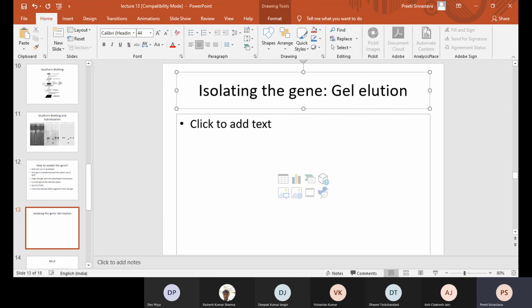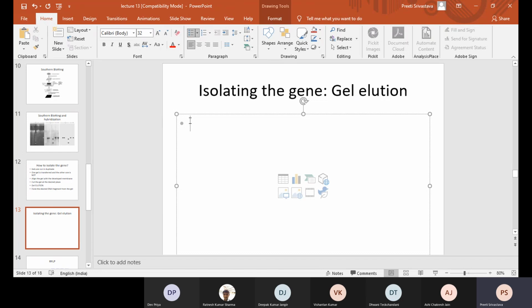By gel elution you will actually get the desired gene. It may contain 2 or 3 other fragments because it's a smear, and when you are cutting it, you may cut some bands from the top, some from the bottom, but still it will be quite a small number. So you now need to obtain the DNA fragment from the gel, and this can be done by multiple methods.